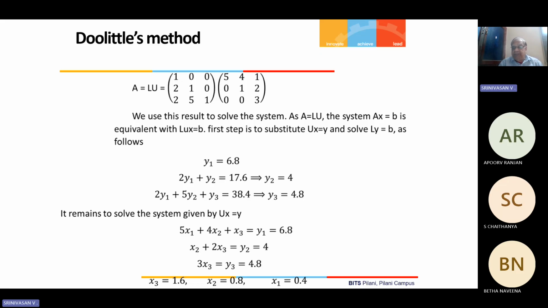How will you do the multiplication? 1 into Y1 is your 6.8. Just look at. Next, 2 into Y1 plus 1 into Y2.